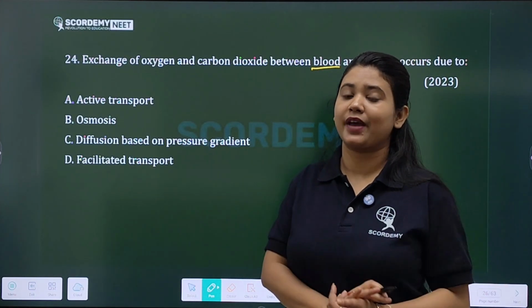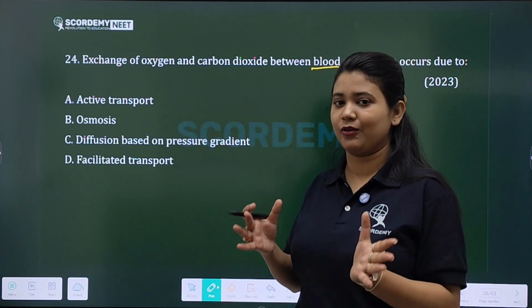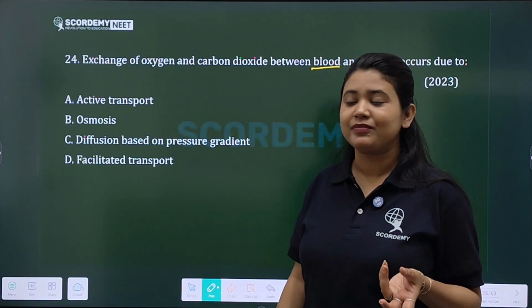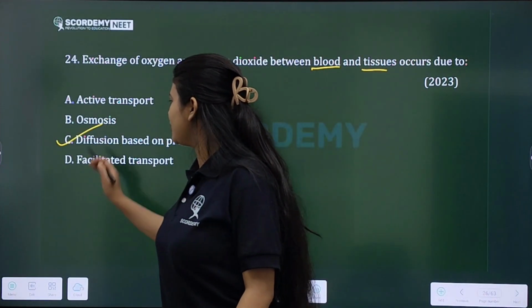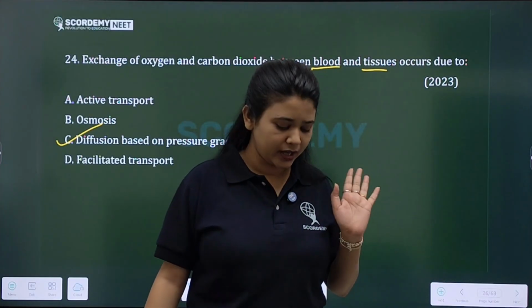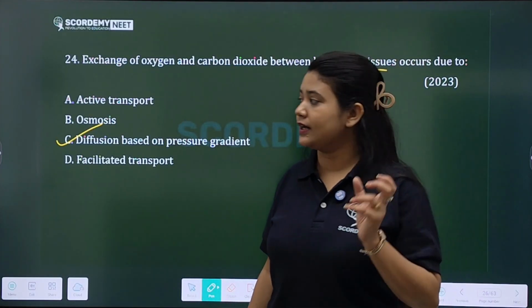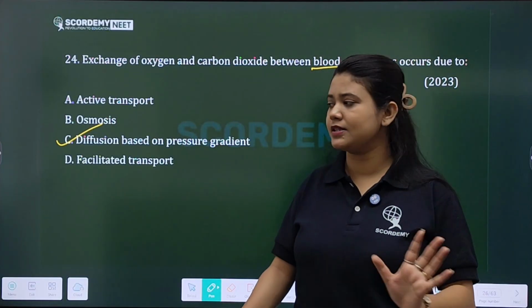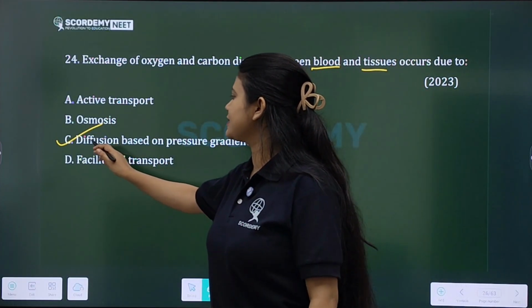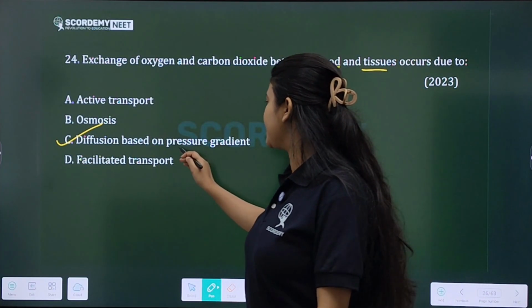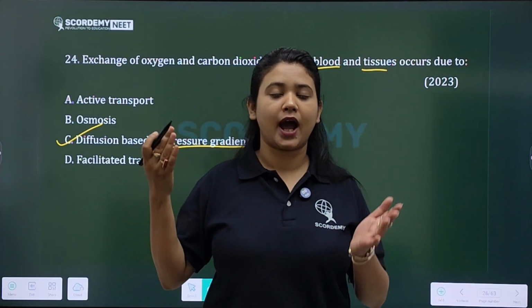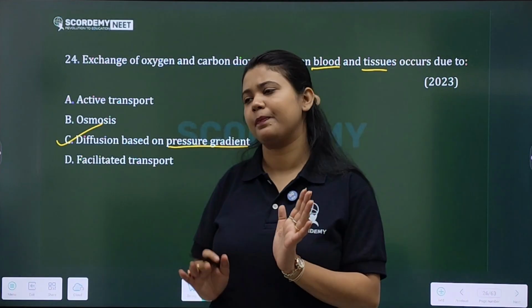What is the process of exchange of gases between our blood and tissues? It is your diffusion. No energy is required. The exchange of gases occurs by simple diffusion, and since diffusion is based on pressure gradient, gas is going to move from a region of higher pressure to a region of lower pressure. Simple, okay.